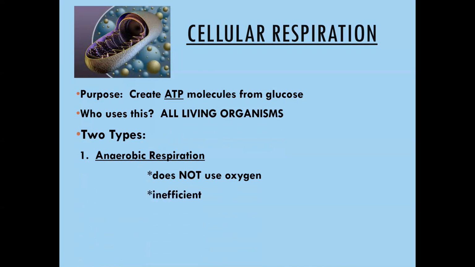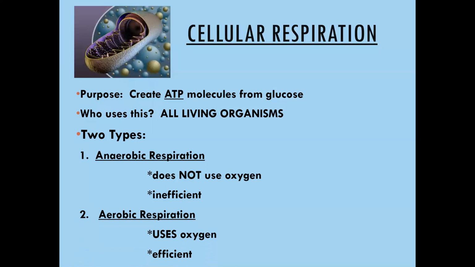And this is going to be really inefficient. So your body is not going to make many ATP by using this type of respiration. Then we have aerobic, which basically means it uses oxygen. And that is going to be super efficient. We'll find out how efficient later on, but definitely much, much more efficient than anaerobic.